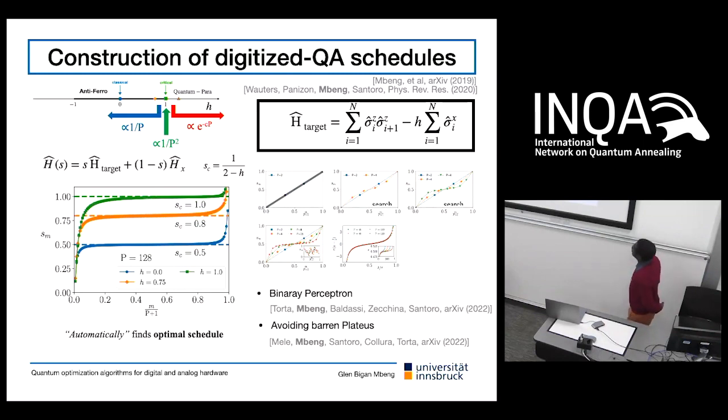Okay. So we generalize this approach to other systems. For example, we tried it to optimize binary perceptron, and we also found that in general this kind of approach is useful to avoid barren plateaus in this kind of algorithm.